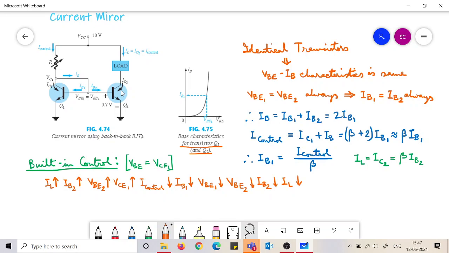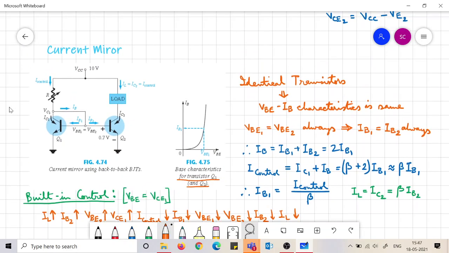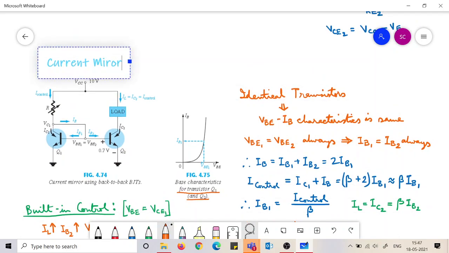Similarly, if IL tries to decrease, the network will again push the IL up. There is a built-in control here, it will maintain the load current. Did you understand this one, or do I need to repeat?